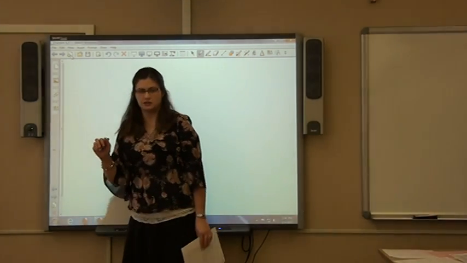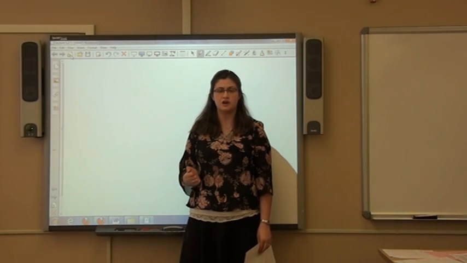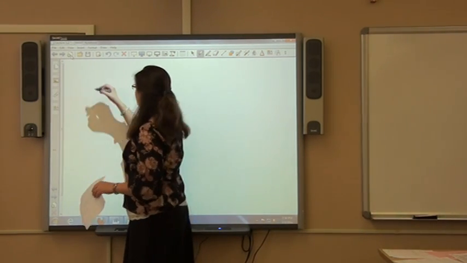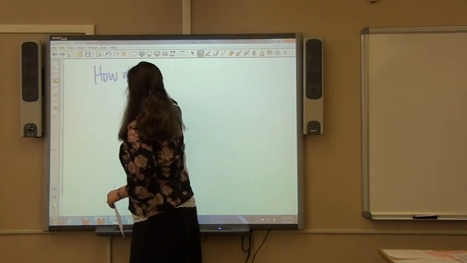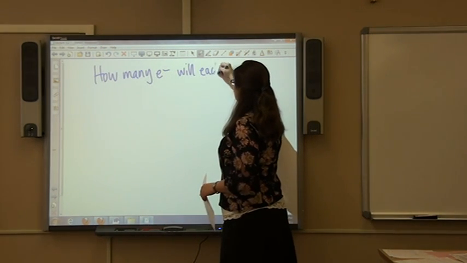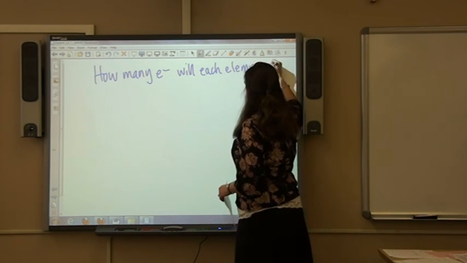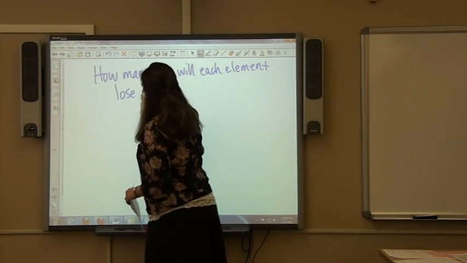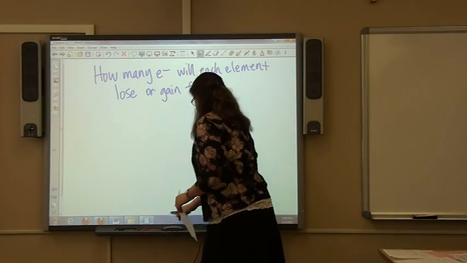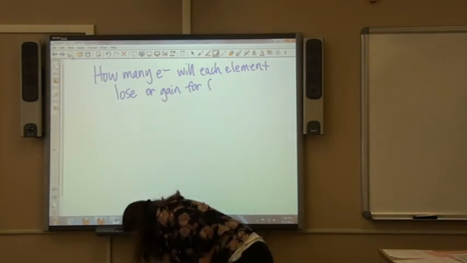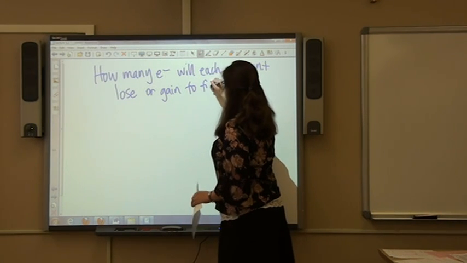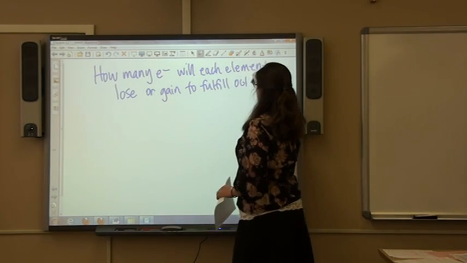Now that we know about the octet rule and we know how many valence electrons each of our elements has by looking at their group number on the periodic table, let's take a look at how many electrons each element will lose or gain to fulfill the octet rule.